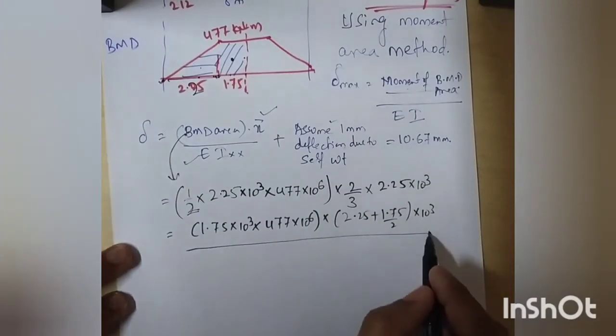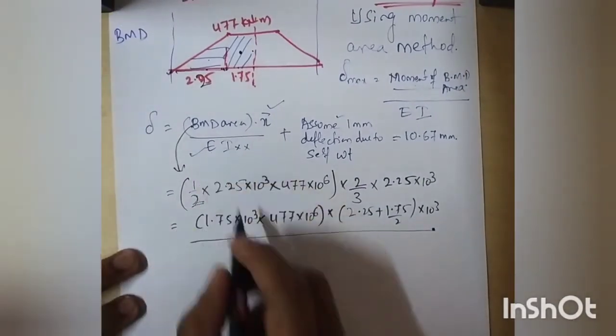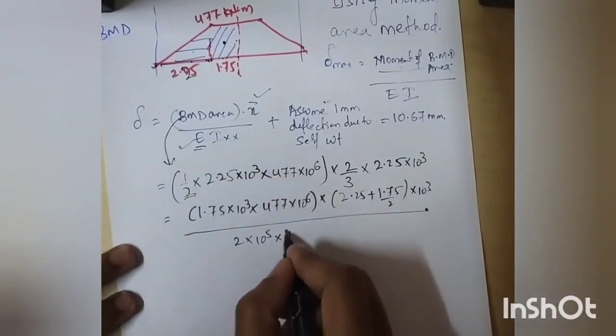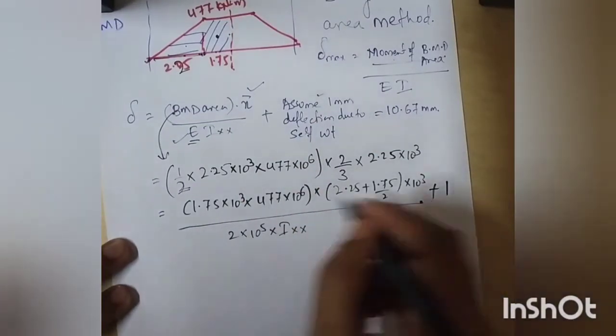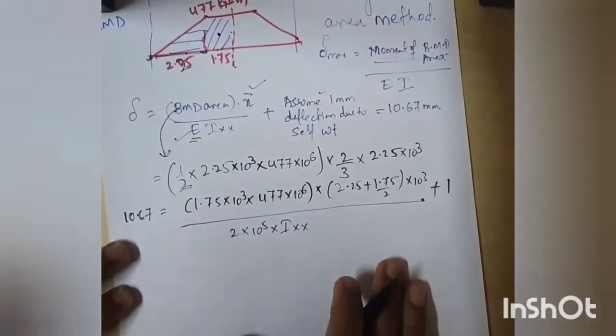So this whole divided by Young's modulus, which is 2 into 10 to the power 5, into Ixx, plus the deflection of 1 mm, has to be equated to the permissible deflection of 10.67.